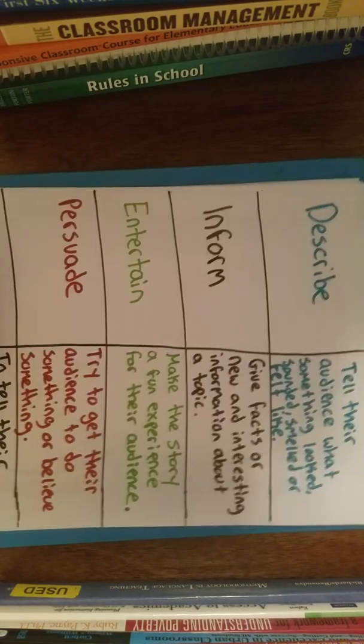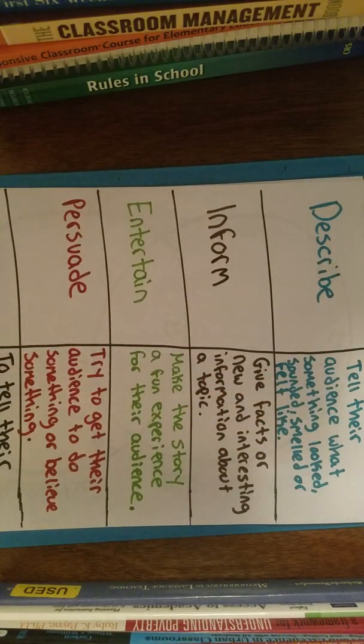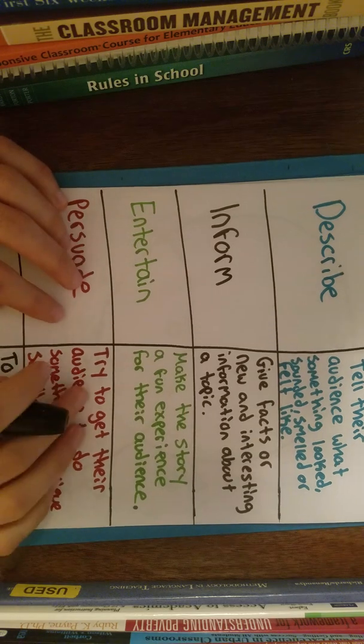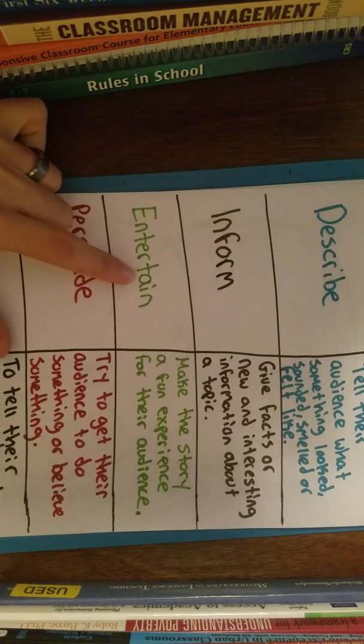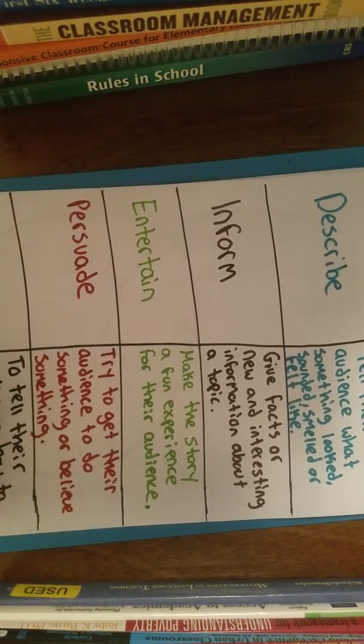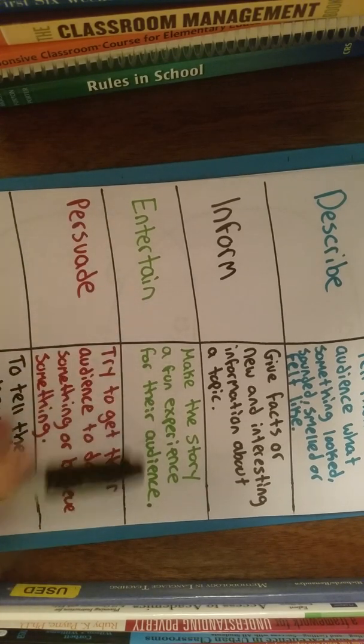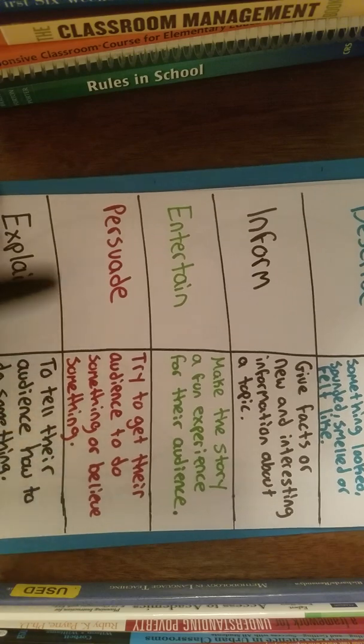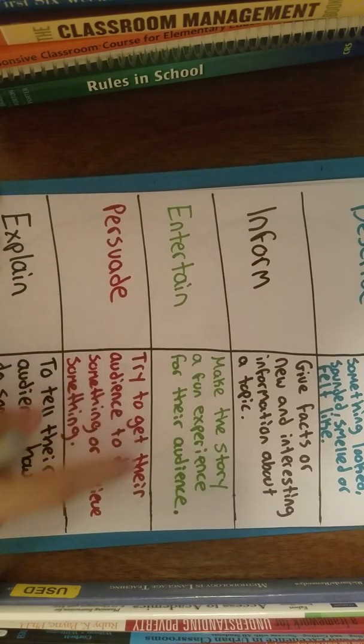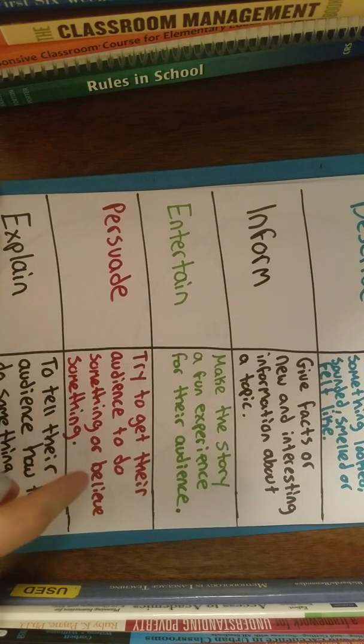Now, as many of us said, the story we listened to on Monday, Clark the Shark, the main purpose was to, now you can kind of pick two of these here because one, entertain, because it was a fun experience to read the story, but then also to persuade, to get their audience to believe something or to do something.